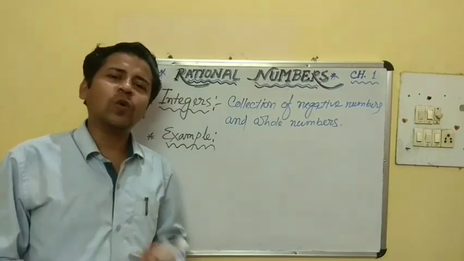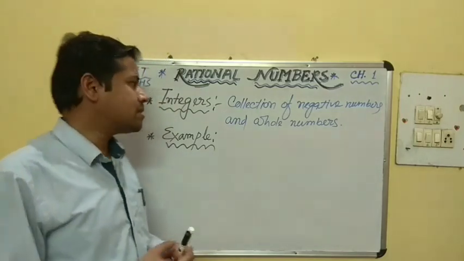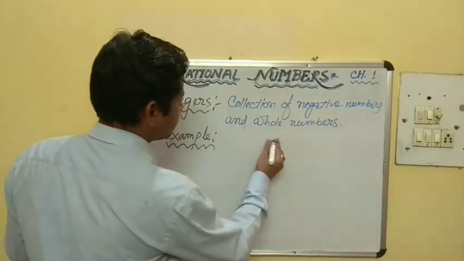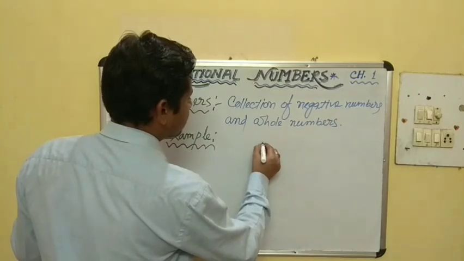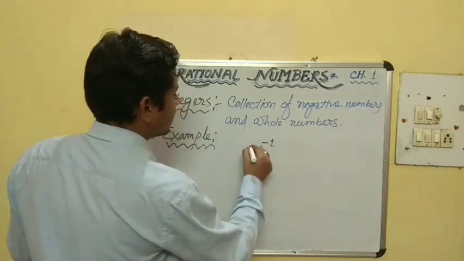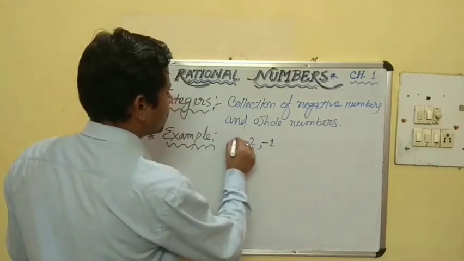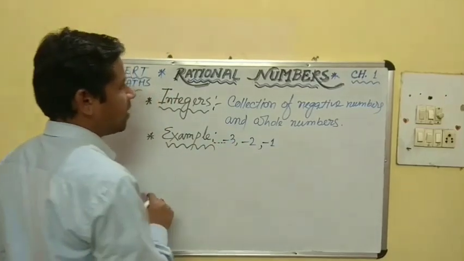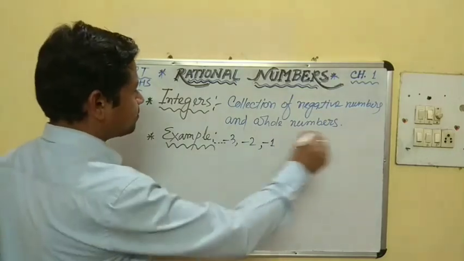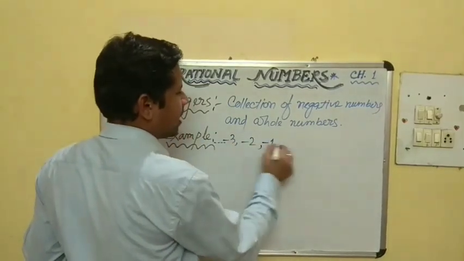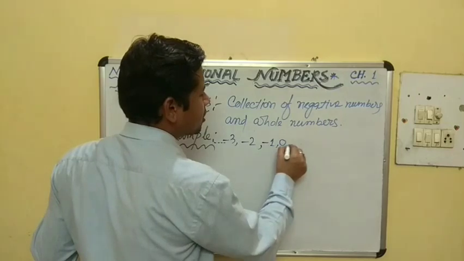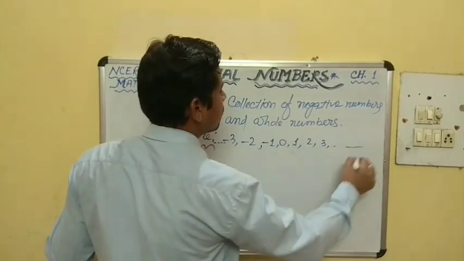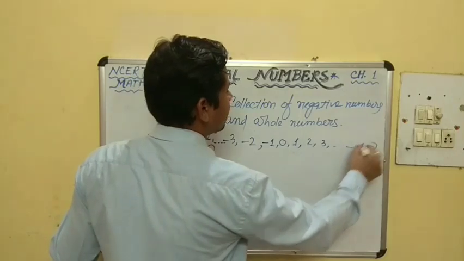Negative numbers means -1, -2, -3 and so on, going to negative infinity. And the whole numbers are 0, 1, 2, 3 and so on to positive infinity.